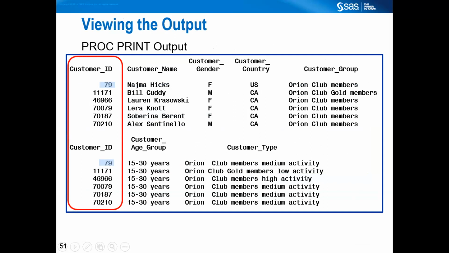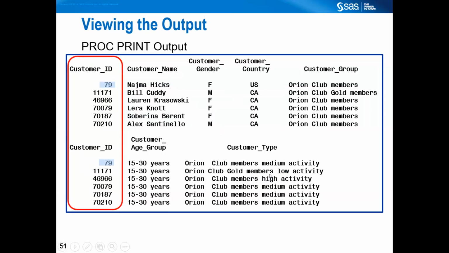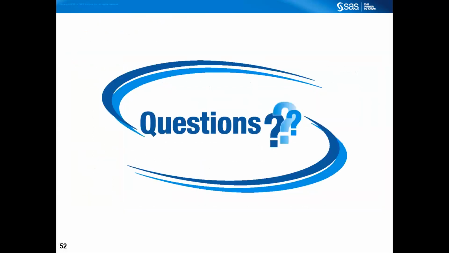All good, but this is valid only in your windowing operating environment, because we will not have this issue in your HTML output, which is for Studio and Enterprise Guide. But make a note that you have an ID statement where, on your key column, you can identify the observations and you specify it with the ID statement. Either a single variable or multiple variables can be used to identify the observations. All good?